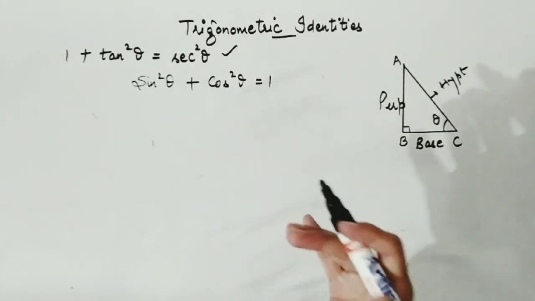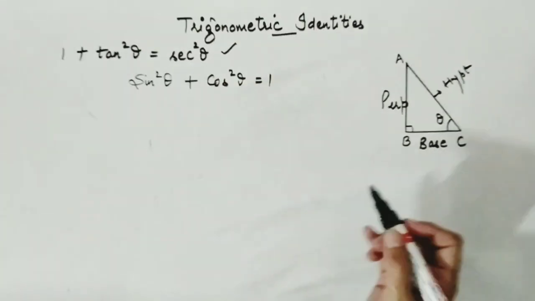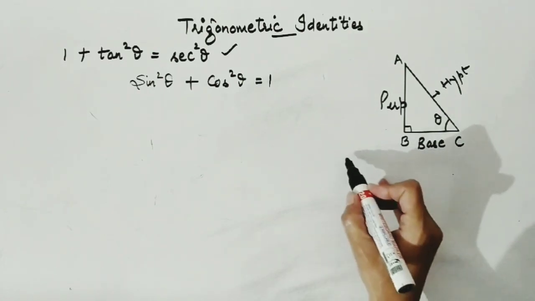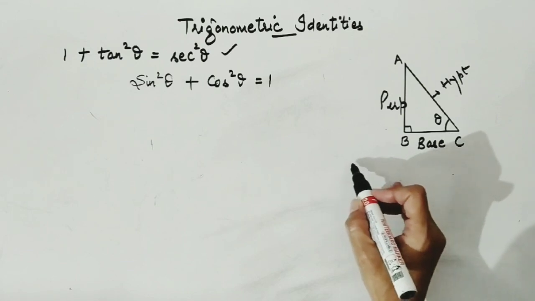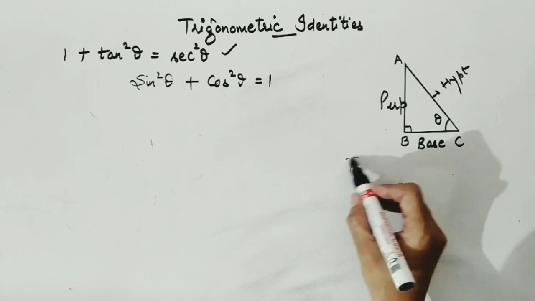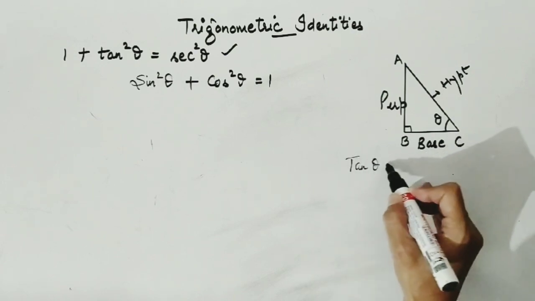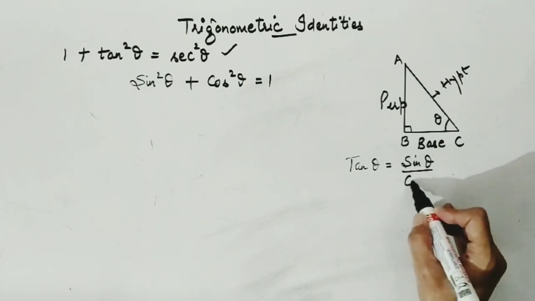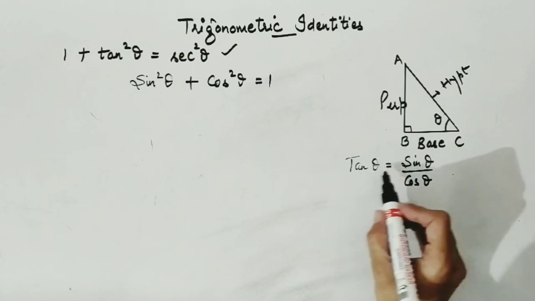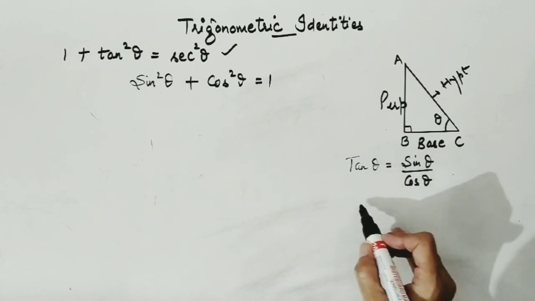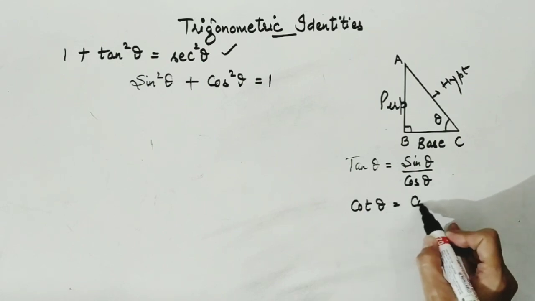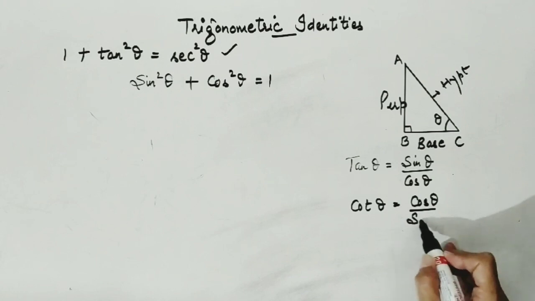And to understand how they are related, you must remember one more thing. Sine and cosec are reciprocals, we have already discussed. Tan theta is sine upon cos, it was discussed in the previous video, and if tan's reciprocal is cot, then cot can be expressed as cos by sine.